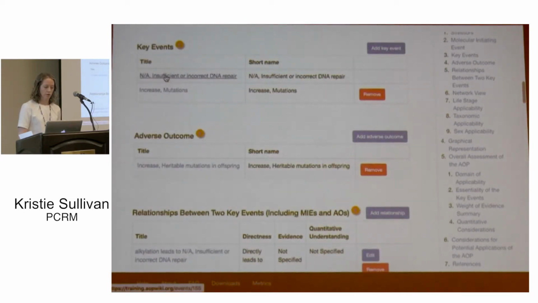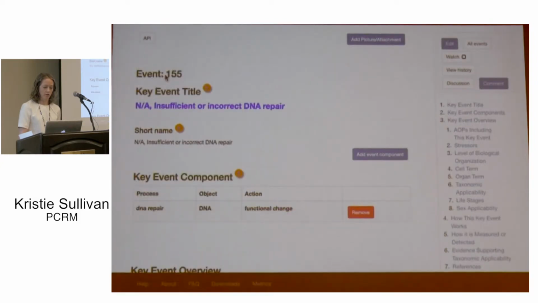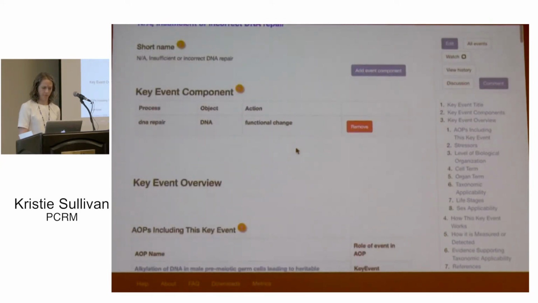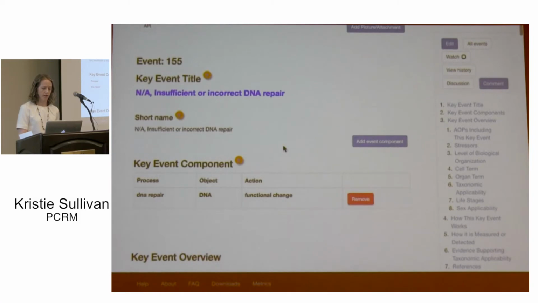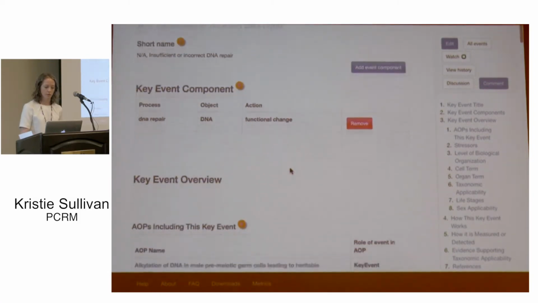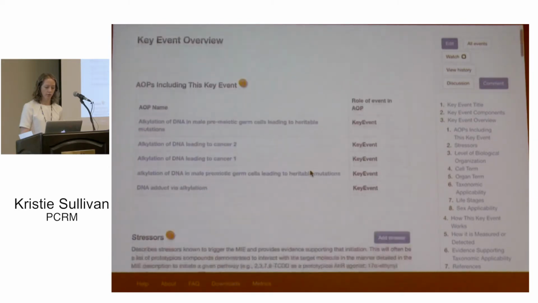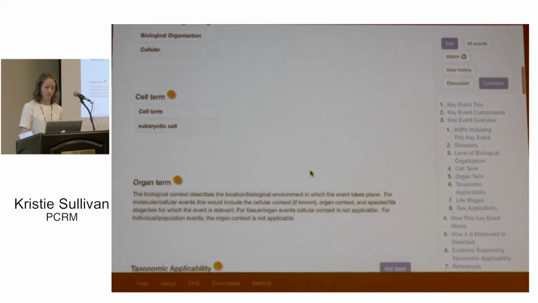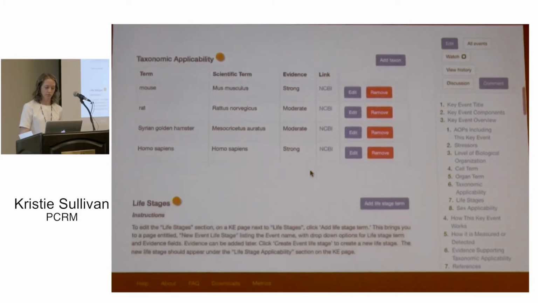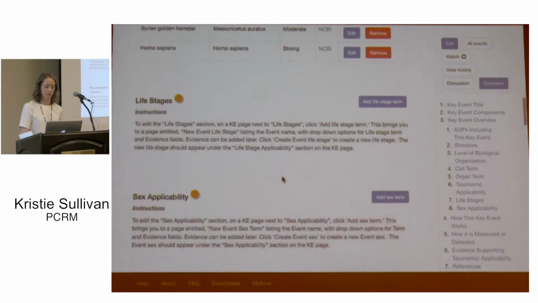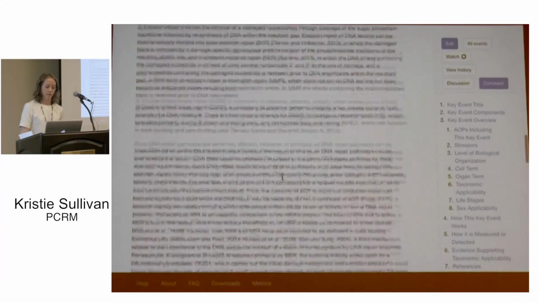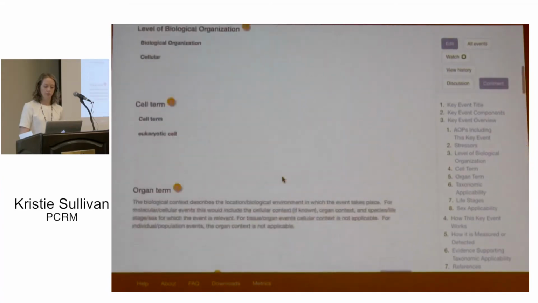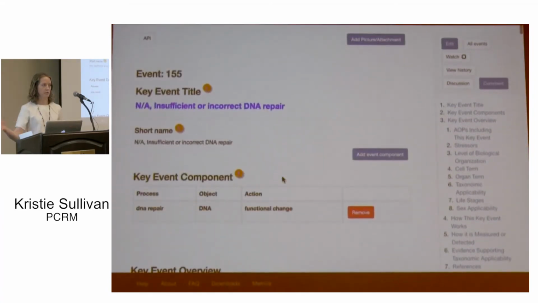Now, if we wanted to go to the key event page, you can see that someone's already added some information here. They've added this key event component, but they haven't added anything else. Oh, they've added some taxonomic applicability and some information there. So this is an example of building an AOP using key events that are already in the wiki.